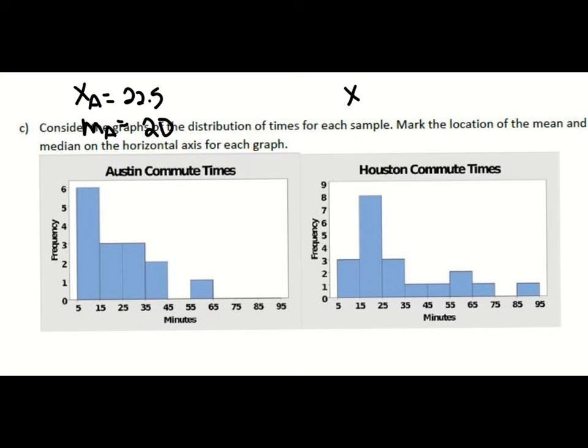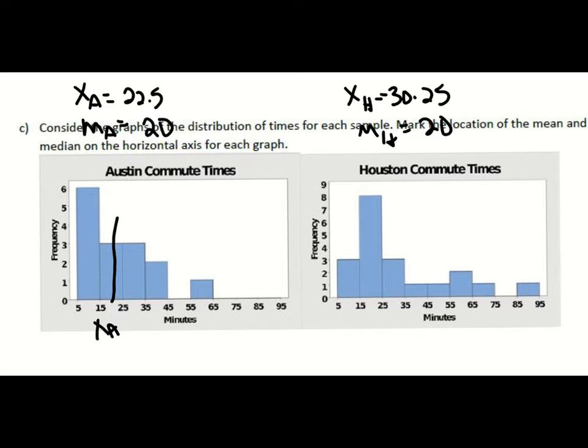The mean for Houston was 30.25 and the median for Houston was 20. So I'm going to mark those on the screen. So my mean for Austin was 22.5. So that was about here. So that's my mean. And then my median was about 20.